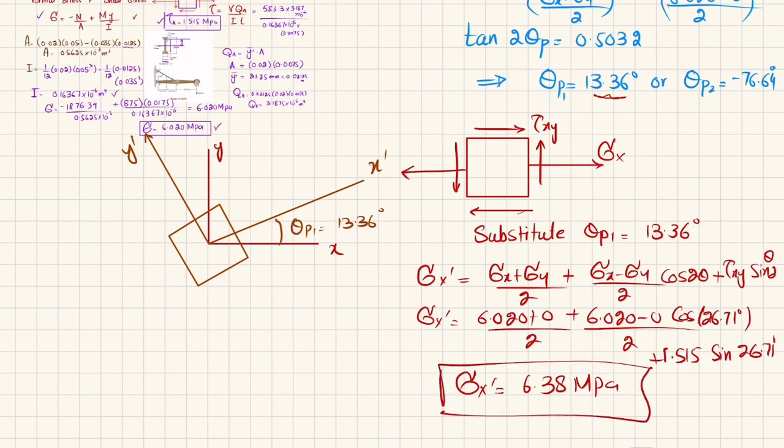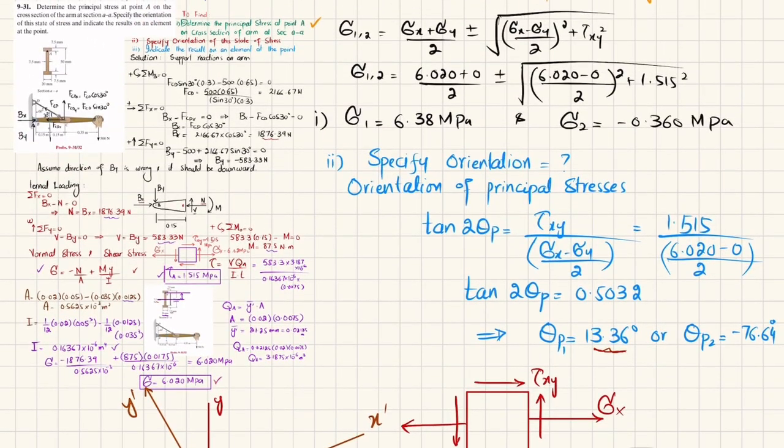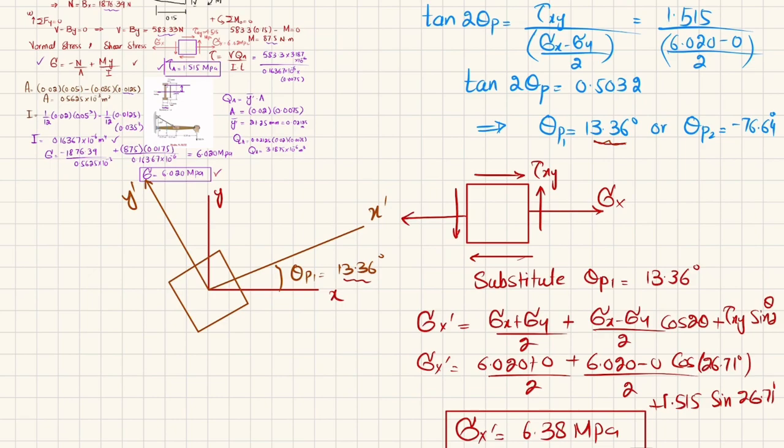So it means that at an angle of 13.36, over that face, we have sigma 1. So we will represent the element over here. This is a plus value, so on this face, perpendicular, this will be sigma 1. Clear? This will be sigma 1, and sigma 2 is negative, so it will be compressive.